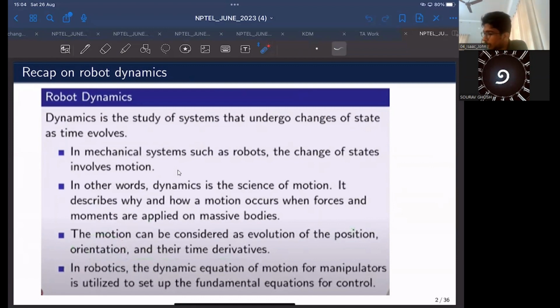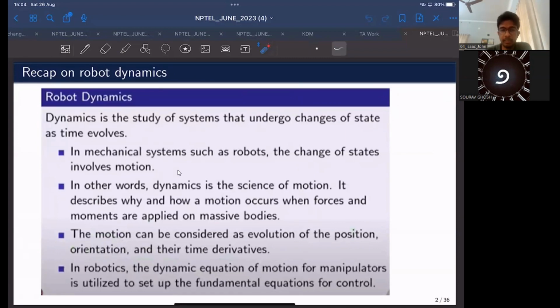Okay, so moving on, we'll start with dynamics. It basically concerns how the state of a robot changes from one time to another. That is what dynamics is all about.